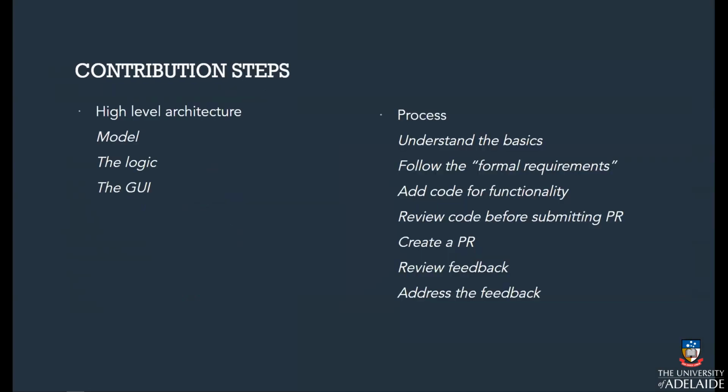To get a contribution accepted, the first thing we need to do is understand the high-level architecture of the repository. And there are just three main layers. The first is the model, which is the center of the architecture and represents the most important data structures. So it has to do with the database, the entries, and the events. And it only has a little bit of logic attached.